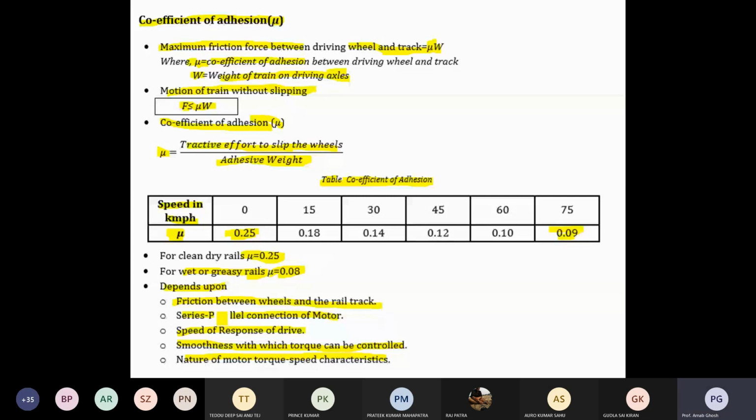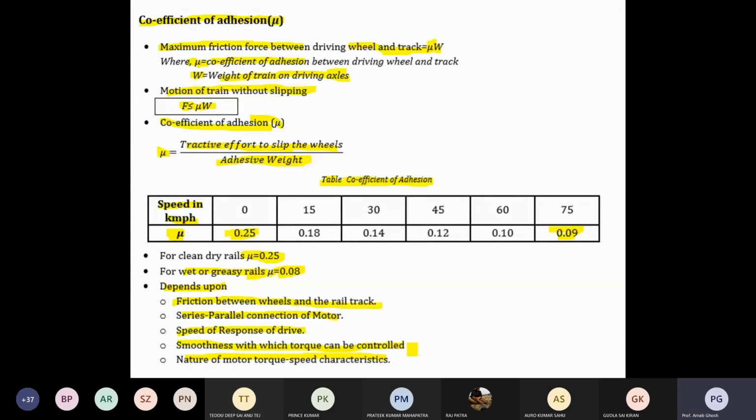The inertia of the drive also matters, meaning the mechanical time constant, how big it is. That mechanical time constant determines the response time of the drive. Then the smoothness with which the torque can be controlled: how smooth your system is, how sophisticatedly it is controlling, and how good your control strategies are for immediate control of your traction drives.